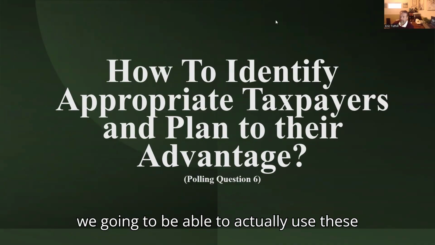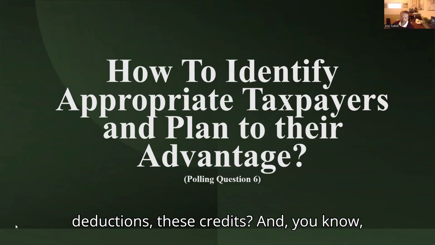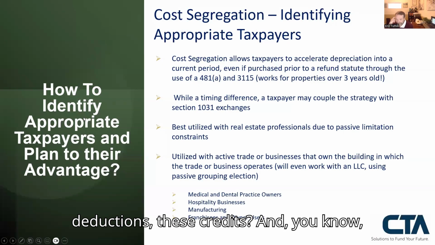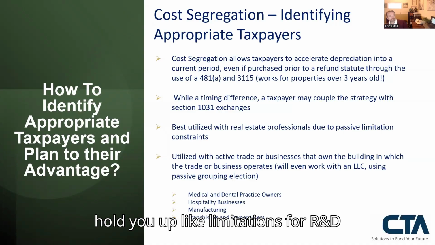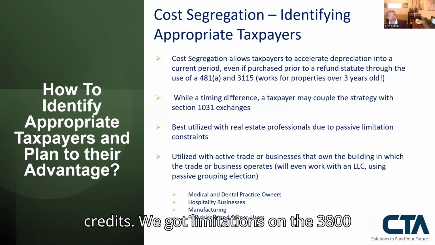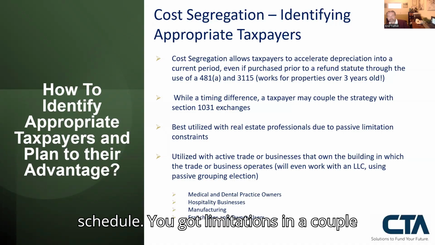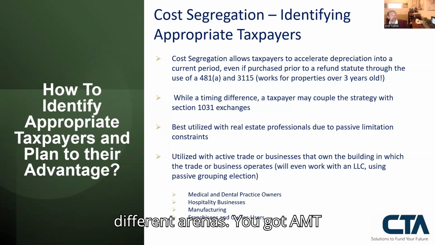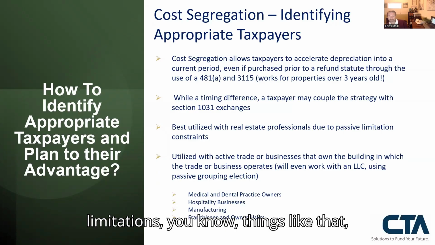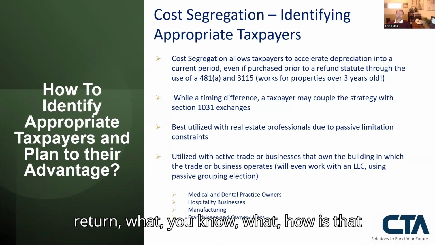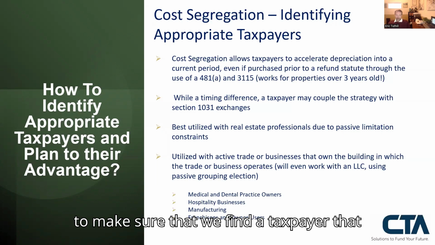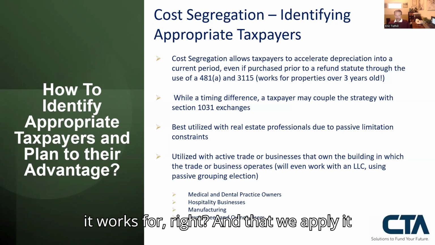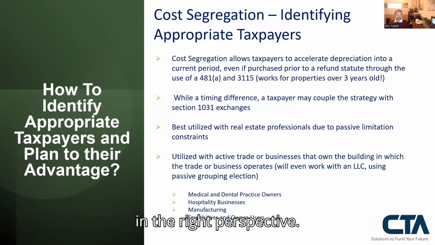Are we going to be able to actually use these deductions, these credits? There are always little things that can hold you up, like limitations for R&D credits. We have limitations on the 3800 schedule. You have limitations in a couple of different arenas. You have AMT limitations, things like that, right? So when we flow this through the return, how is that going to affect us? We want to make sure that we find a taxpayer that it works for, and that we apply it in the right perspective.